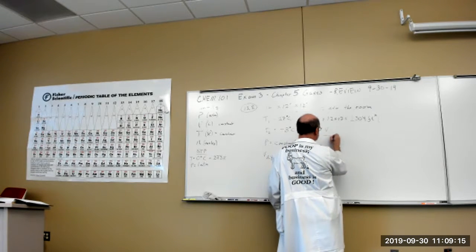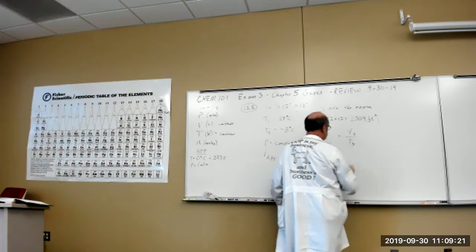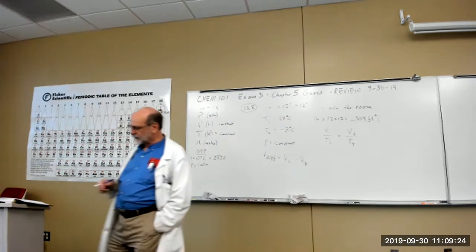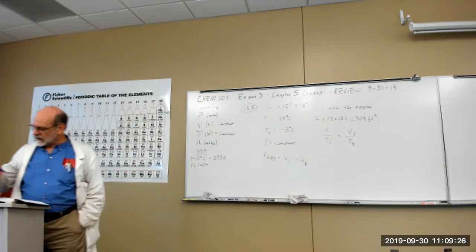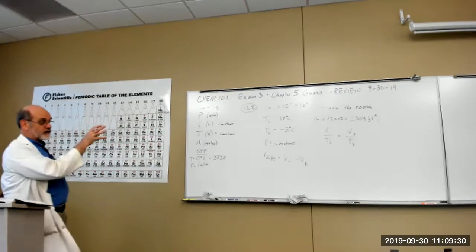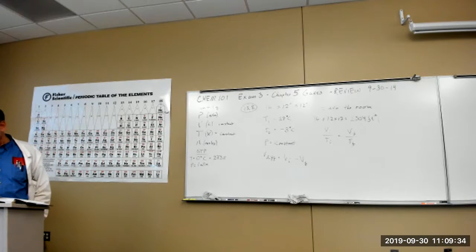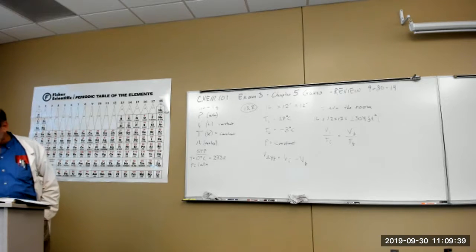V initial over T initial equals V final over T final, and find out what the volume was after the process. We know the volume before, 2,304 cubic feet, right? So now we want to know the volume after.